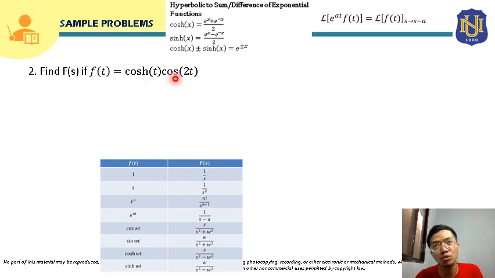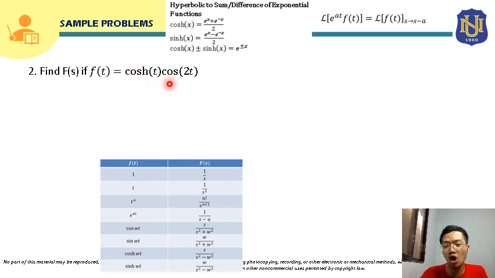Of course, we cannot use a product of trigonometric functions, sine and cosine, because that's just a product of trigonometric functions. In this case, this is cos, so we cannot apply that.